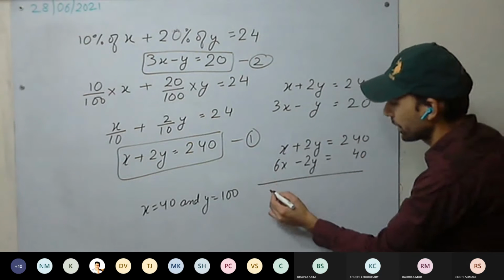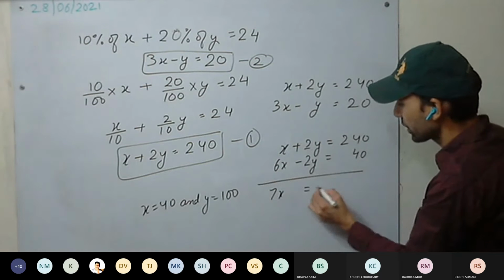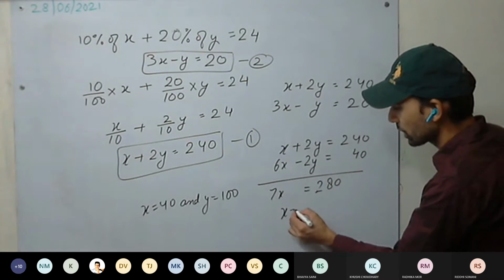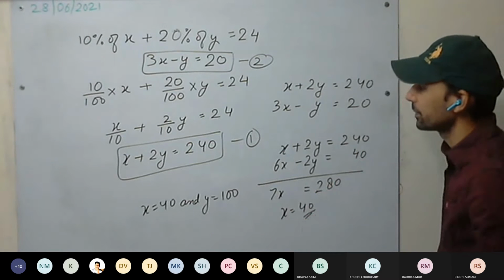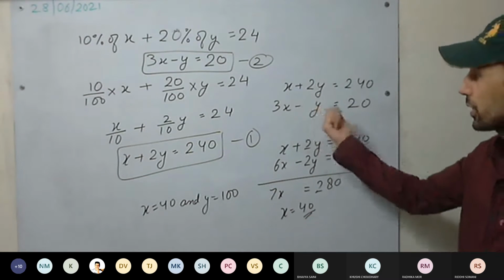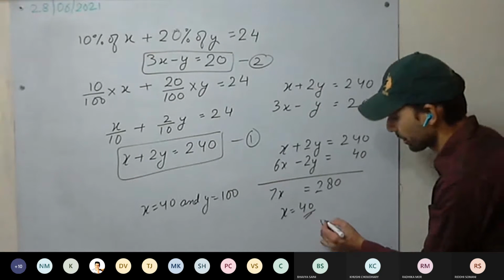Adding them, 7x equal to how much? 280. X equal to 40 you'll get. Put in any of these two equations, you get y.